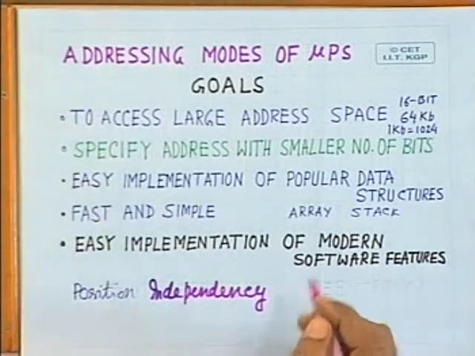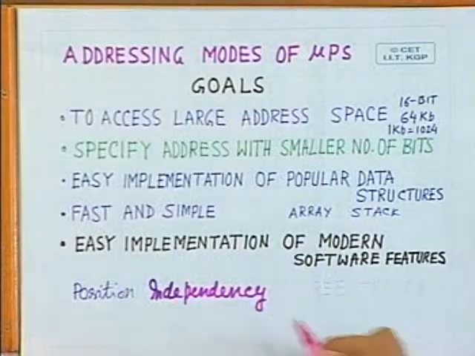By that I mean a program written in machine language, you store it anywhere in the memory, it should execute. That is called a position independent program. Suppose a program is ROM based. That ROM you can put in any part of the memory and it should be able to execute, irrespective of the location where it is stored. Later on we shall see how addressing modes will allow you to implement programs having position independency.